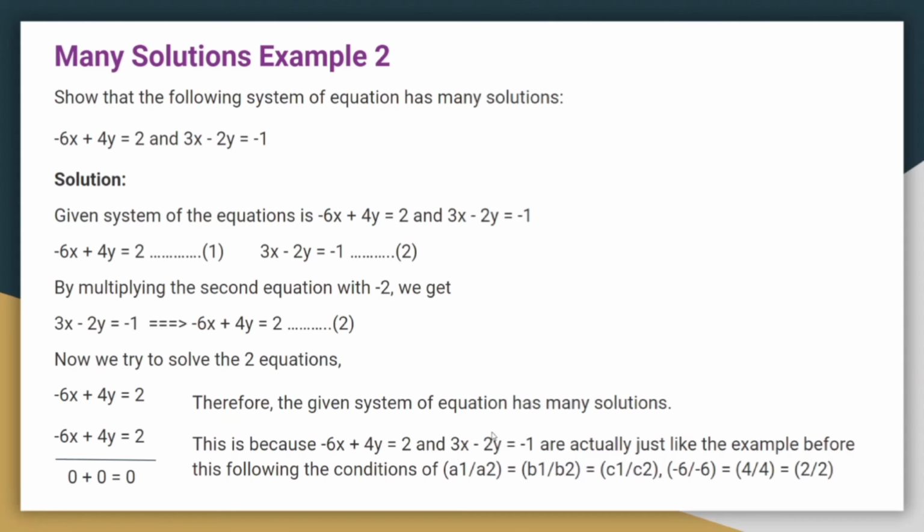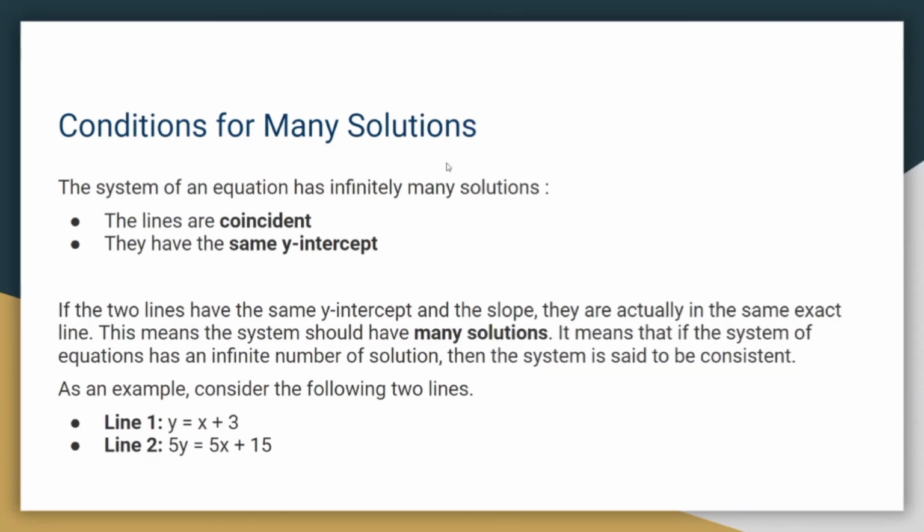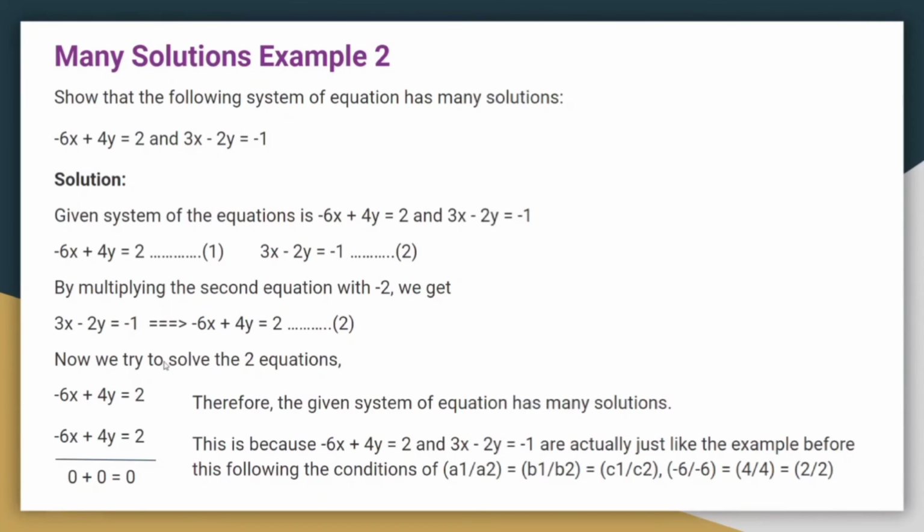But besides that, we can check back at the conditions for many solutions: the lines are coincident and they have the same y-intercept. The basic formula for a line function is y equals mx plus c, right? That's the basic equation for a line.